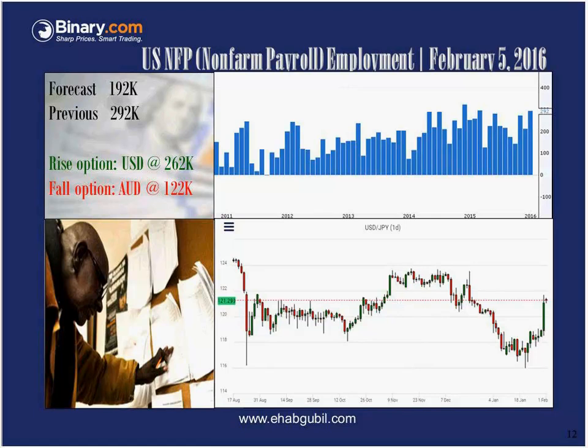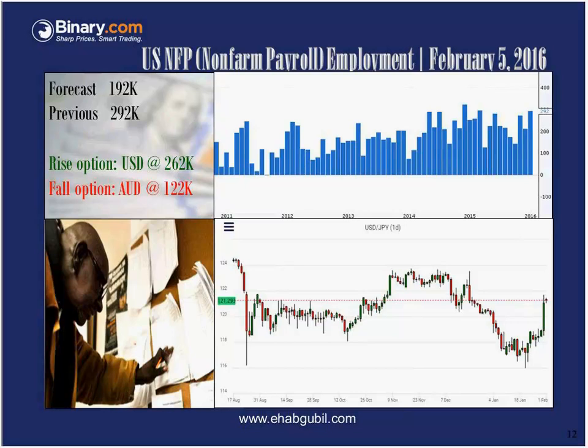So if we get a lower release on the employment and an unemployment rate of 5% or more, it's bad news for the dollar, and we should make full option against a stronger currency.